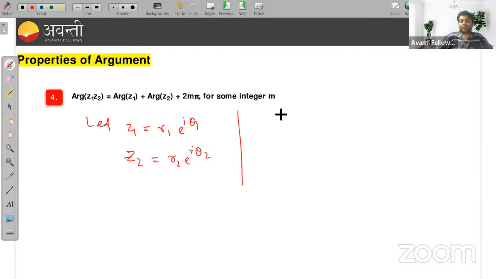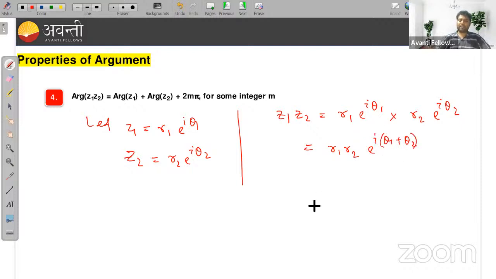If you multiply these two, Z1 into Z2, what are you getting? R1 into e to the power i theta 1 into R2 into e to the power i theta 2. So finally, what I am getting is R1 into R2 into e to the power i into theta 1 plus theta 2. Now this is the complex number Z1 into Z2.